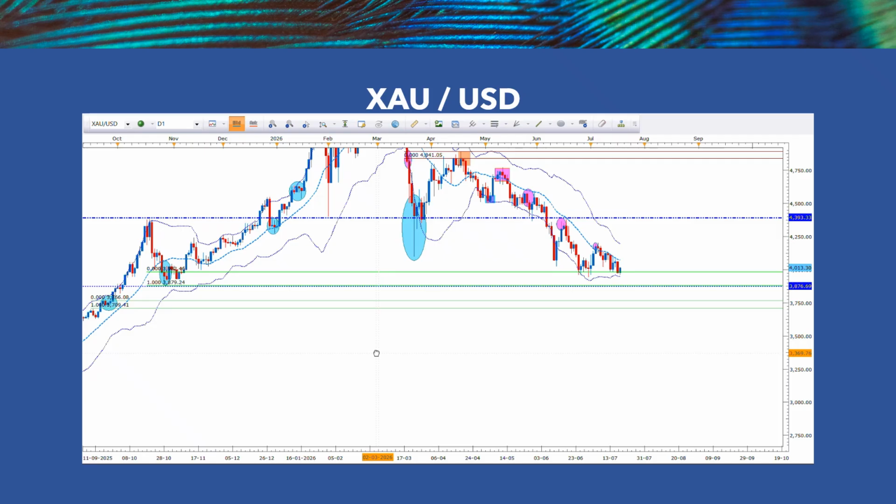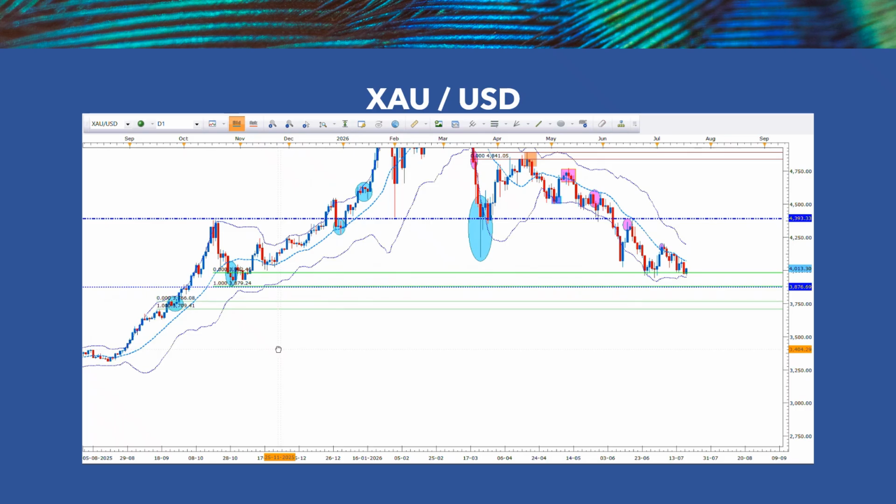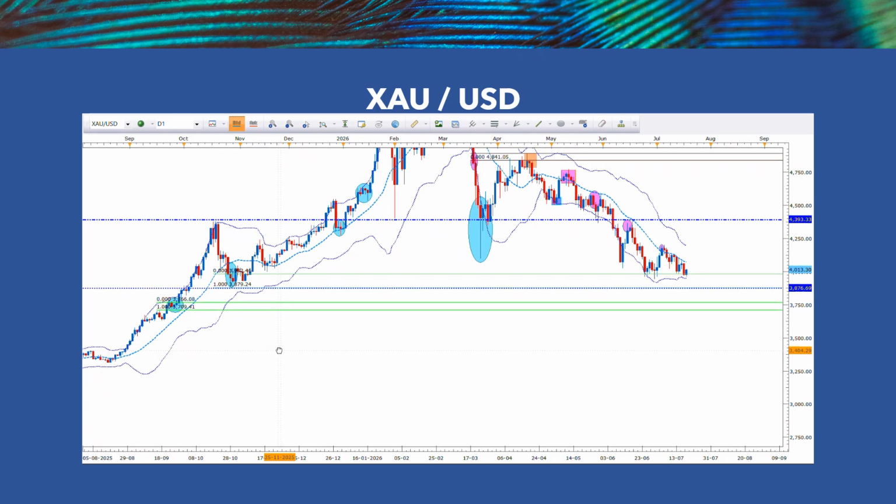It's trying to break below this demand zone, which has been there for a while, between 3881 and 3985. So that's the demand zone that it needs to take out before going down further. And if it manages to go back down, then the next demand zone is between 3876 and 3709.